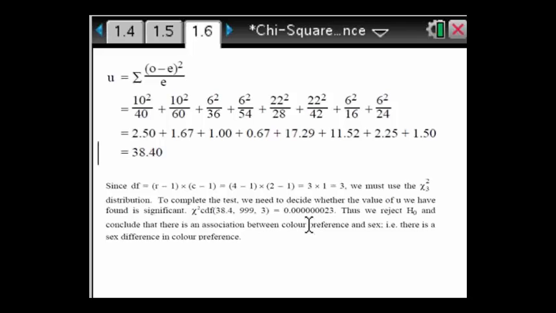That actually represents our p-value, and as the p-value is less than, let's say, 0.05, then we reject the H0 and conclude that there's an association between colour preference and gender, i.e. there is a gender difference in colour preference.